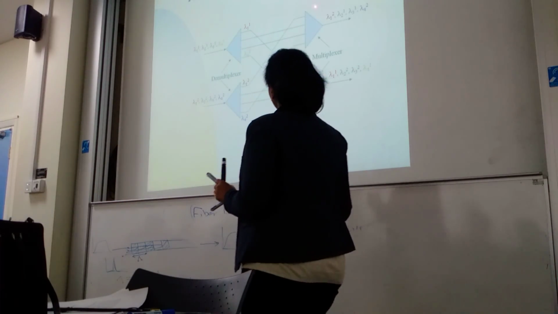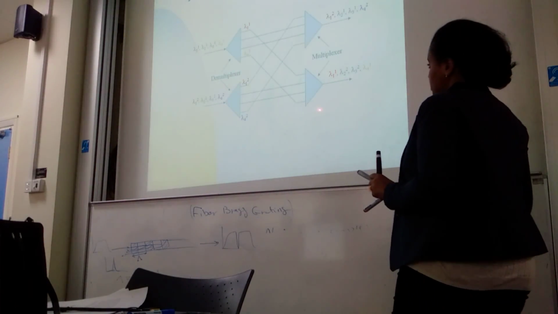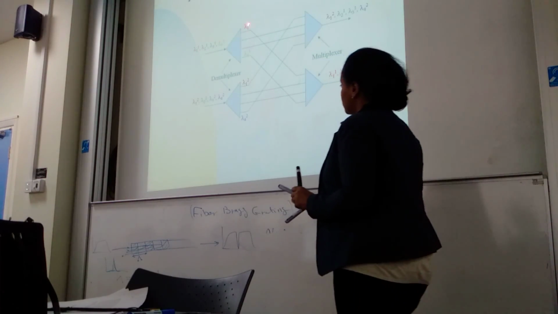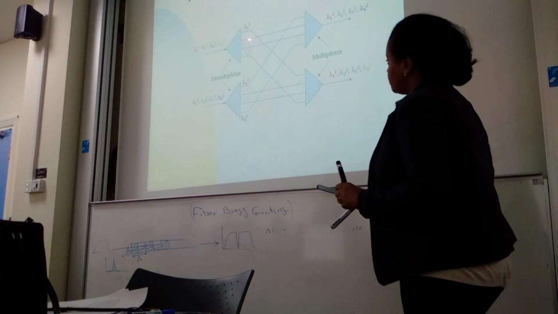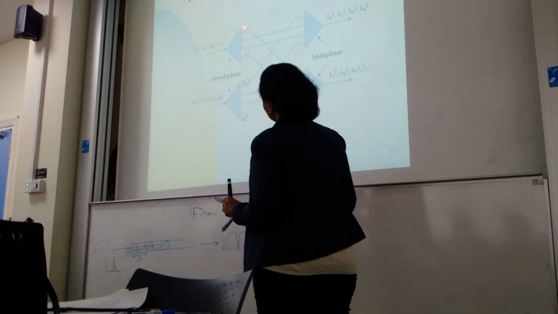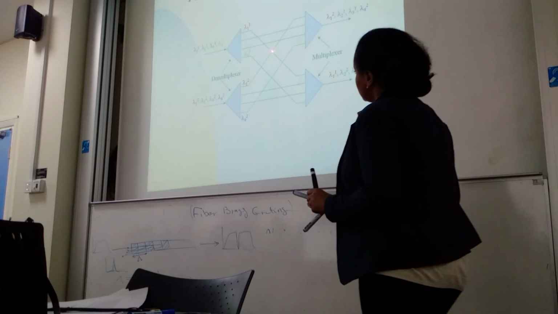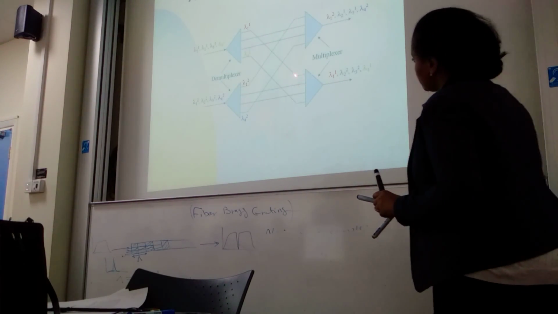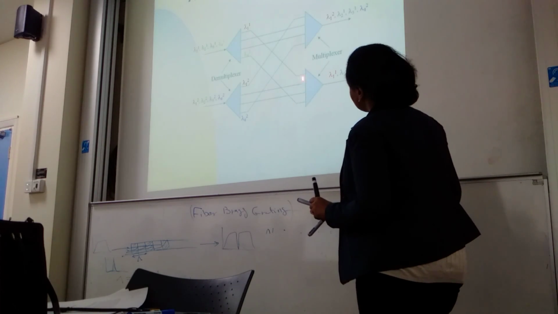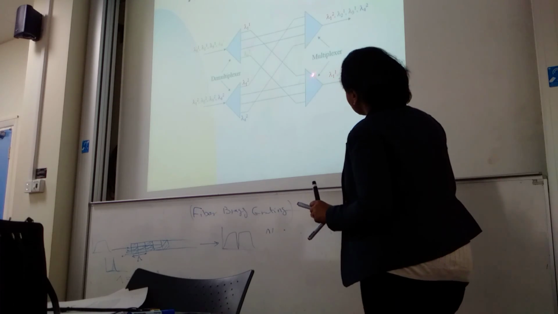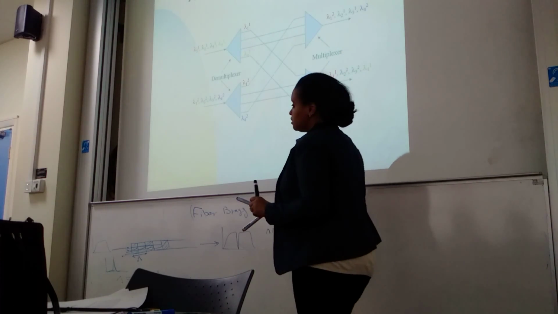So we can see here we are using demultiplexers and multiplexers. This is the incoming signal with multiple wavelengths. It's demultiplexed into the individual wavelengths. Then each individual wavelength is taken to a certain input of one of these multiplexers, which will lead it to the certain output.